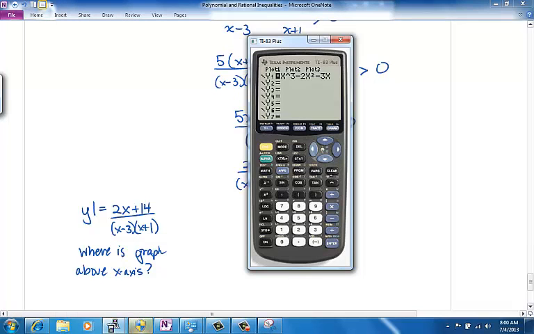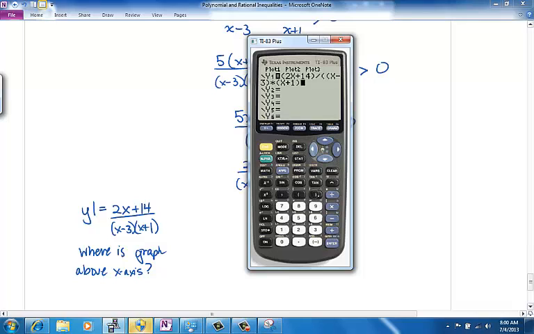Remember, when you're entering rational functions, you want to be careful to get parentheses around the entire numerator and the entire denominator. So you need x minus 3 in parentheses, and you need x plus 1 in parentheses, and then you want that whole group in parentheses as well.